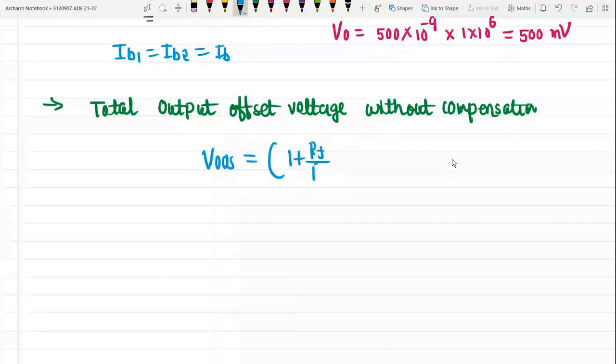This is the output offset voltage without any compensating network used in the circuit.